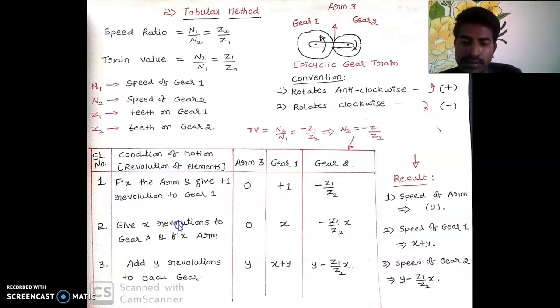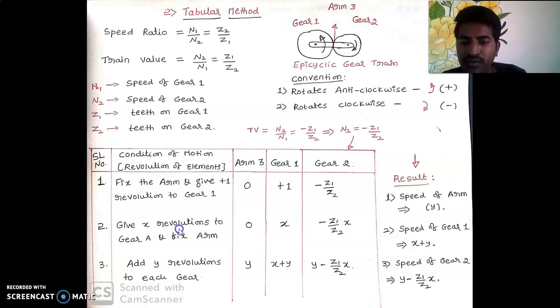Okay. Next. In the second step, give X revolution to gear A and fix the arm. Here also we are fixing the arm and we are giving X revolution. Now what is the value of the speed of arm 3? Because it is again 0, simply because the arm is fixed. Then gear 1 will have X revolutions. Gear 1 has X revolution because, see, if we give 1 revolution, the speed of the gear 1 is 1.